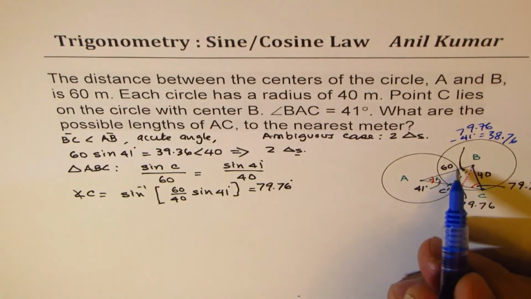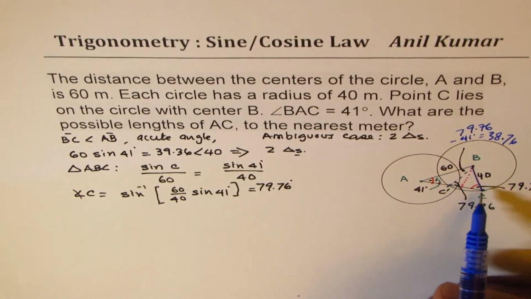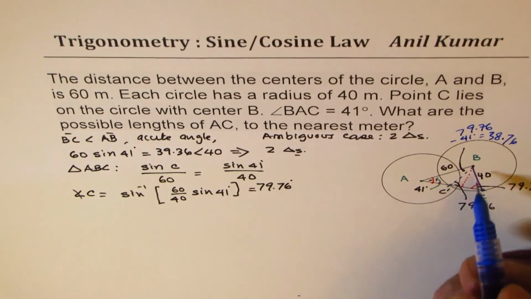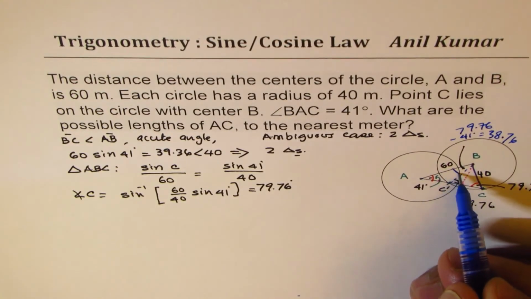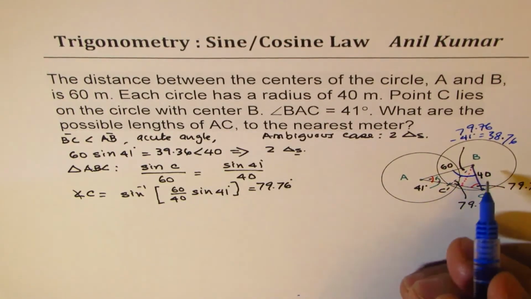So we just worked that out. That's the smaller angle. But first let's find the bigger angle, which is angle B.